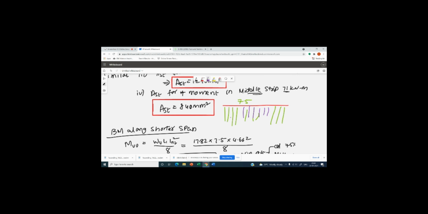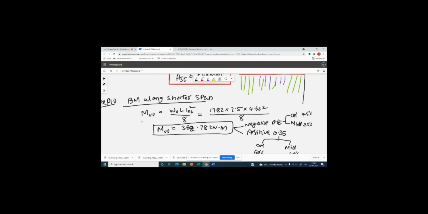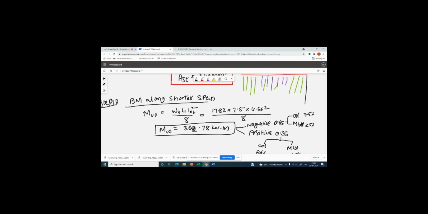So in the same way, we have to once again calculate the bending moment across the shorter span, and we have to repeat the same steps. The next step, that is step 10, we have to determine the bending moment along the shorter span using the same formula.